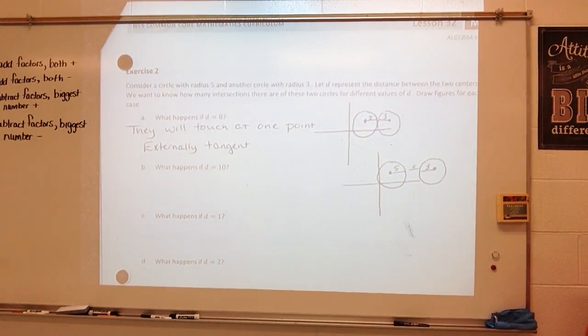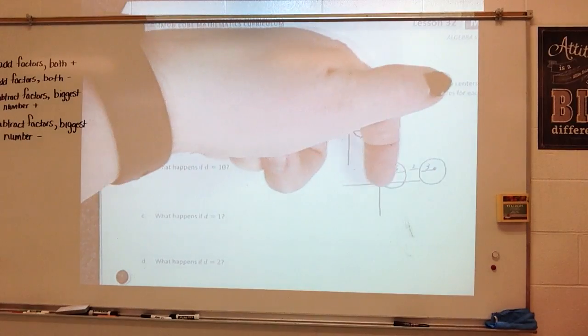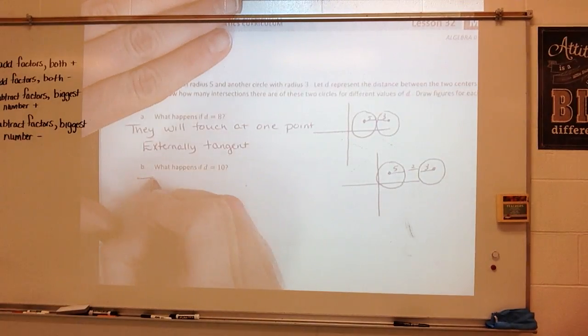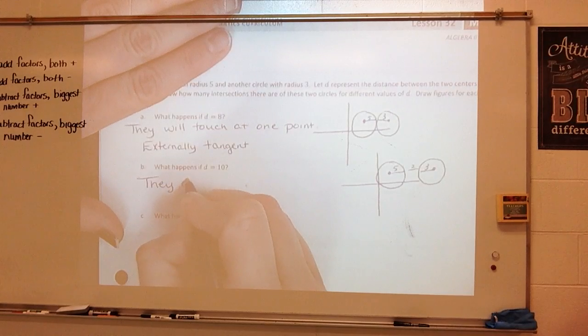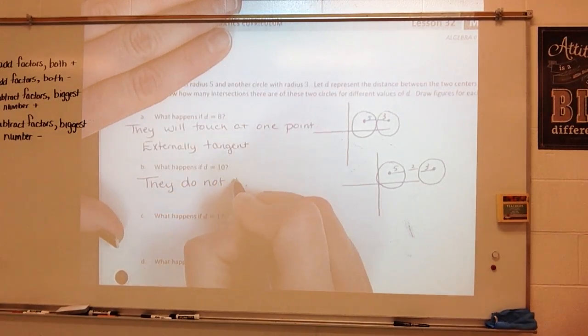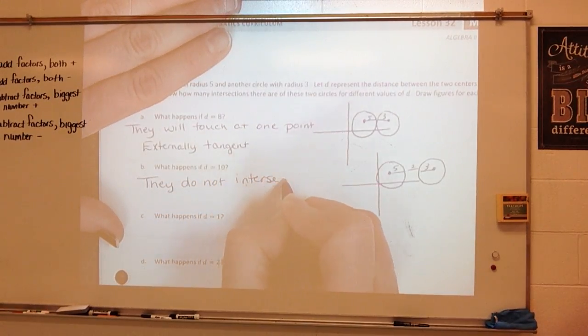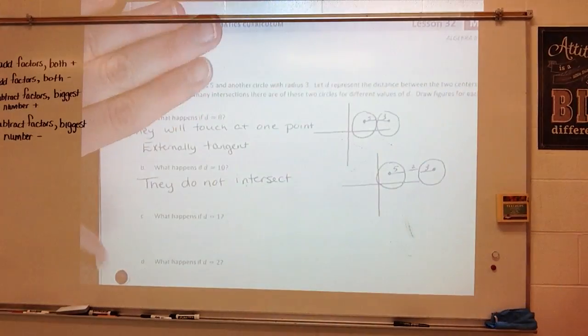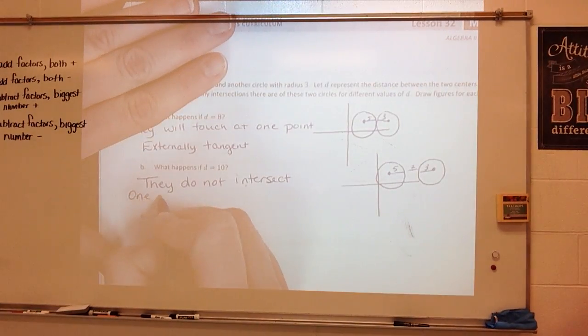Alright, so that would be the distance of 10. So what would happen? If the distance is 10, they do not intersect. Okay? They do not intersect. One circle is outside of the other.